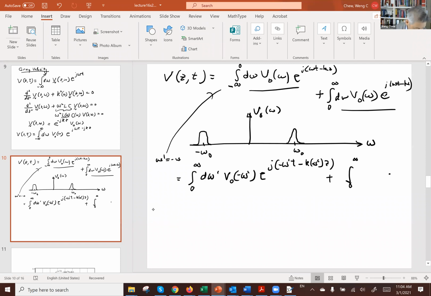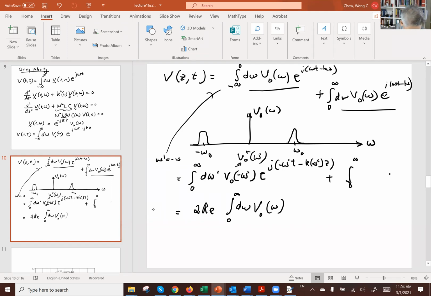So since they are the complex conjugate of each other, you can write this as the real part of an integral going from 0 to infinity, d omega, V0 of omega. Okay, this one actually will become V0 conjugate of omega prime. You can show that in order for the function to be real valued.